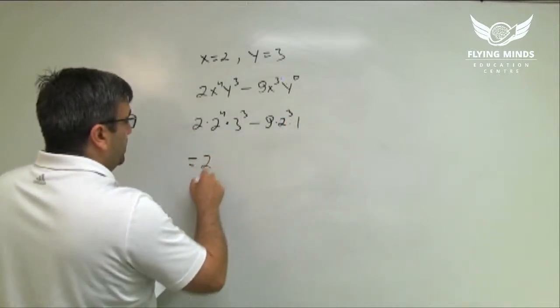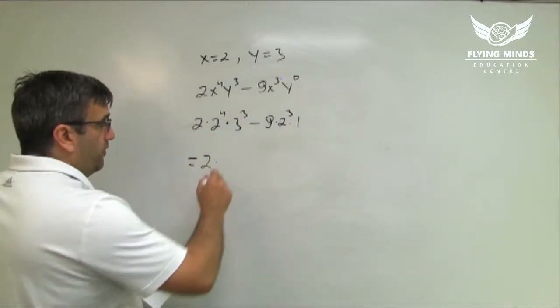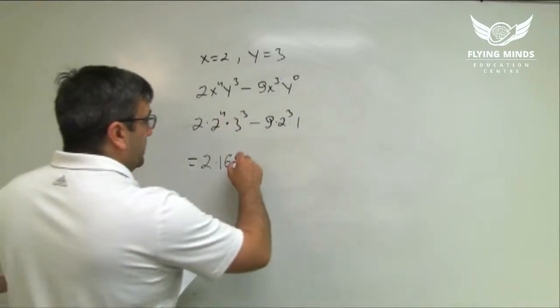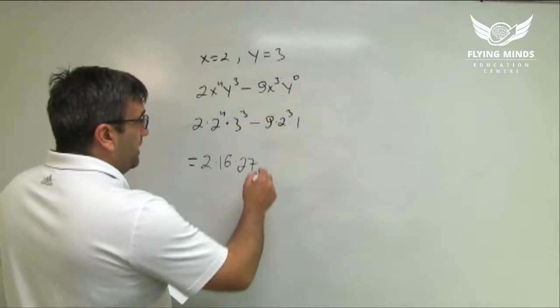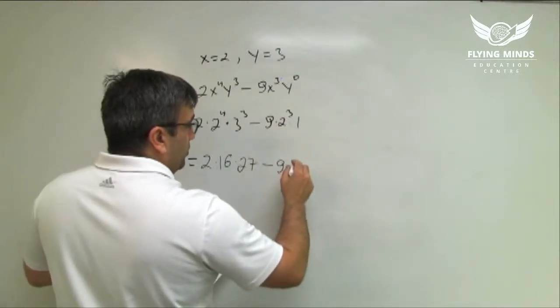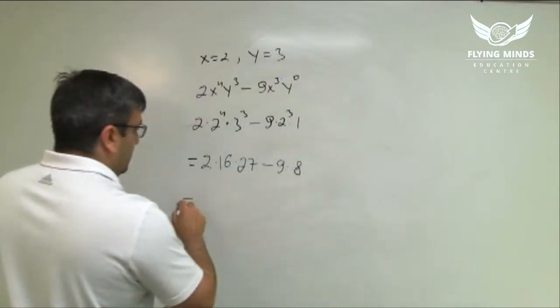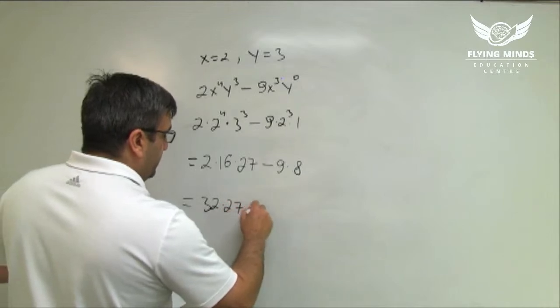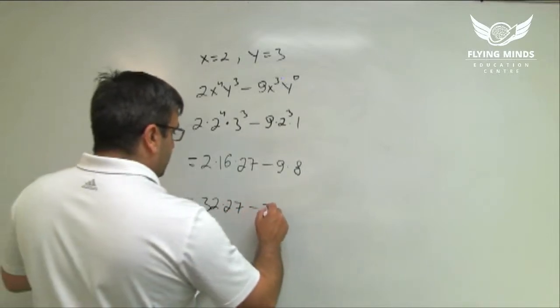So what do we get? 2 times 2 to the 4th is 32. 3 cubed is 27, minus 9 times 2 cubed is 8. So we have 32 times 27 minus 72.